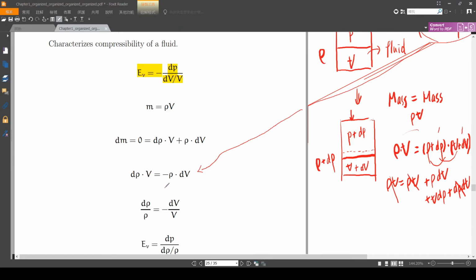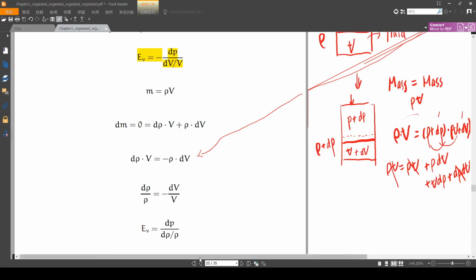You put all the density on the left hand side, and the volume on the right hand side. Then substitute back into your definition. Finally, you will get this relationship. This is the bulk modulus. So we will use it later when we introduce other properties of compressibility, and then we will use this relationship.